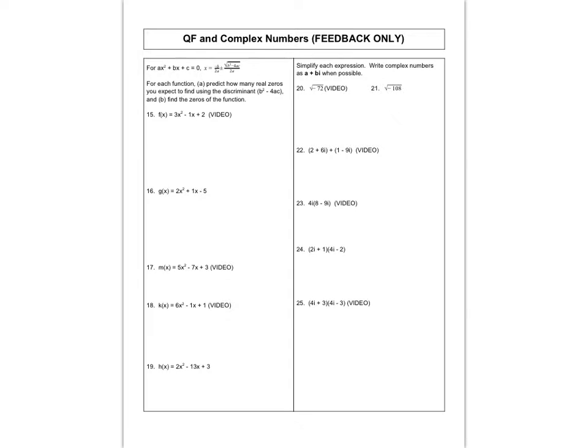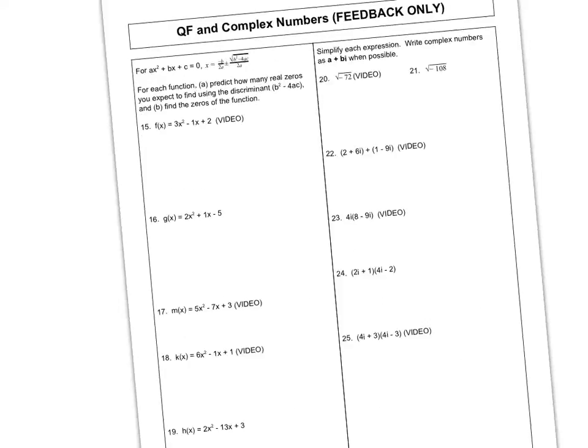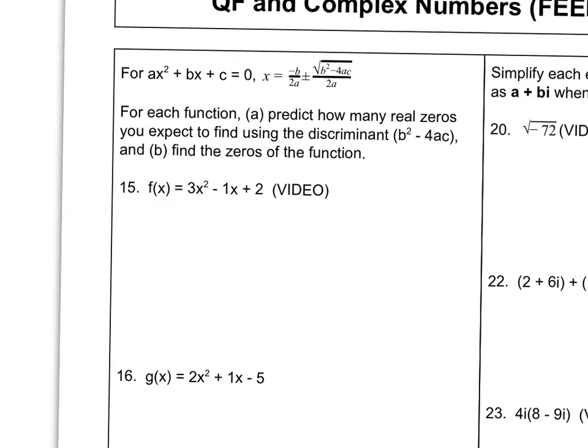That leads us into quadratic formula and complex numbers. This is still a feedback section. First off, we've got to use the discriminant b squared minus 4ac. And based on what this value is, we had three different options: if it's greater than 0, if it's equal to 0, or if it's less than 0.